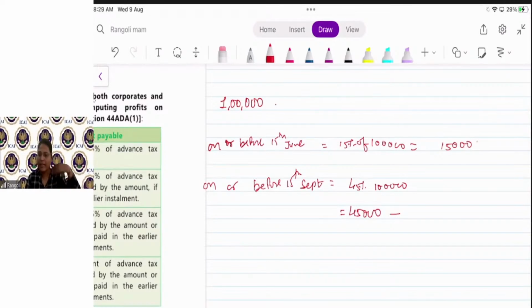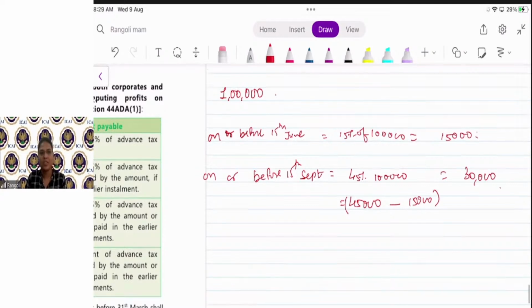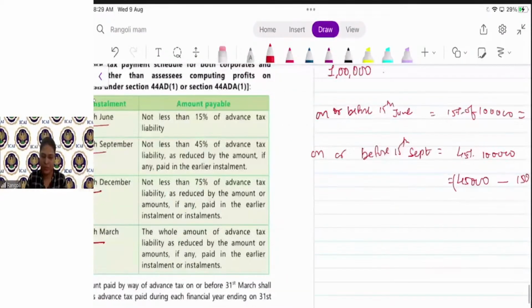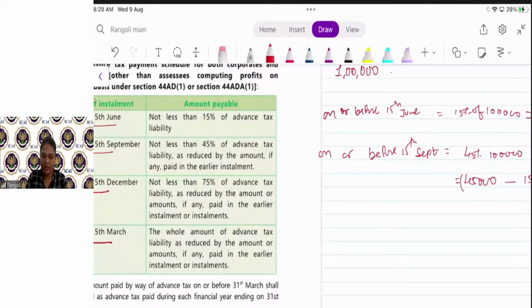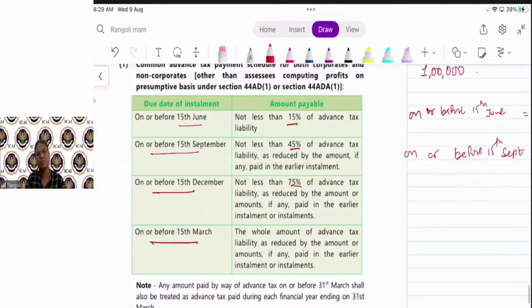I have already deposited 15,000, so the balance 30,000 I need to deposit on or before 15 September. So this 15 plus 30 comes to 45,000. Just like that, you need to deposit 15, 45, 75, and up to 15th March, 100% of your tax liability to the government.